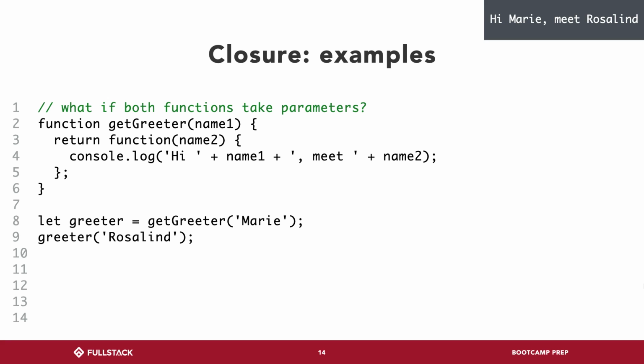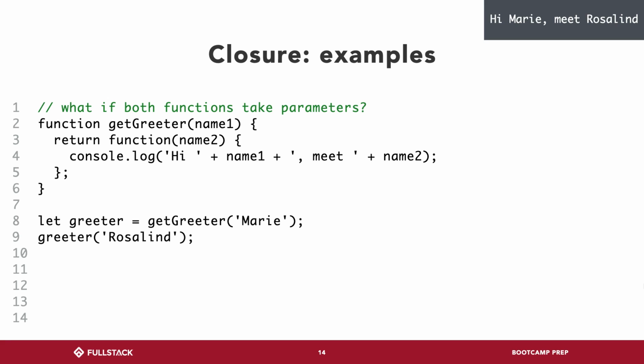Because if this was name2, comma name1, that means this function is referencing two variables, right? It expects two arguments, right? And do you agree that greeter is this function?